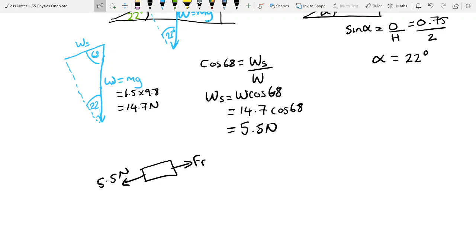However, we also don't have the acceleration. We want to find the force of friction, so we'd have to use F equals ma, but we don't know the acceleration, so we're going to have to find that as well. So find acceleration. How would we do that? Suvat equation. So another step.